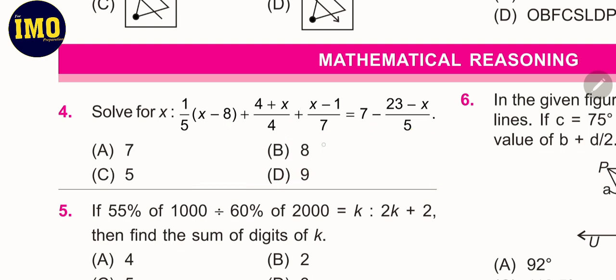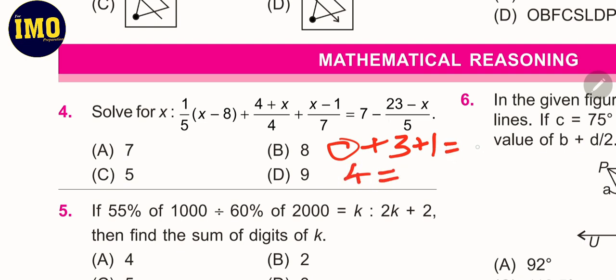If you let x be 8, when you put 8, on this side you get 0, and here 8 plus 4 is 12. 12 divided by 4 is 3. 8 minus 1 is 7. 7 divided by 7 is 1. It means you got 4 on the left hand side.